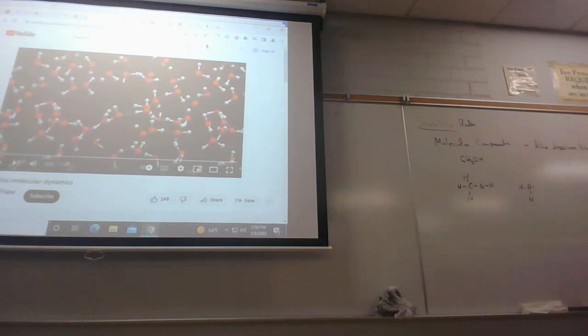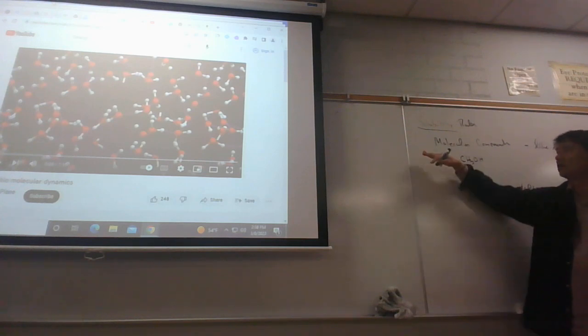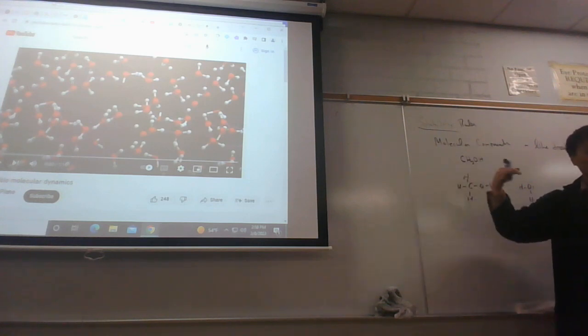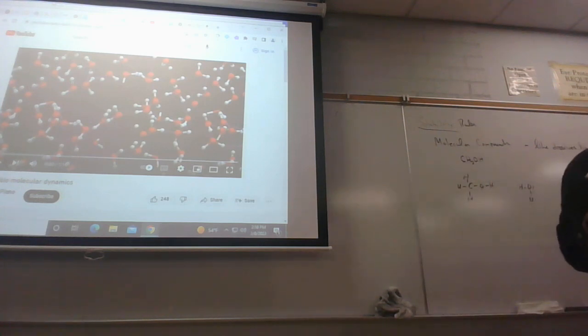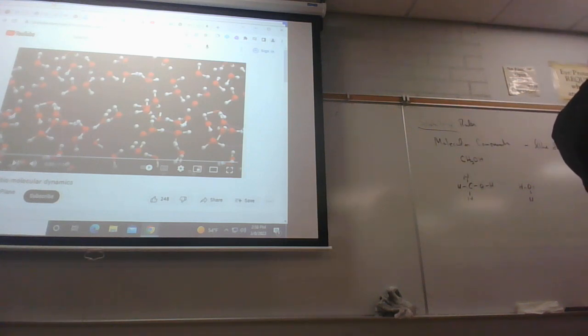However, when we're thinking about solubility, there are two definitions for solubility. There's the qualitative definition. The qualitative definition goes by soluble or insoluble, or something right in the middle, which would be called slightly soluble. So we have S for soluble, I for insoluble, and SS for slightly soluble.